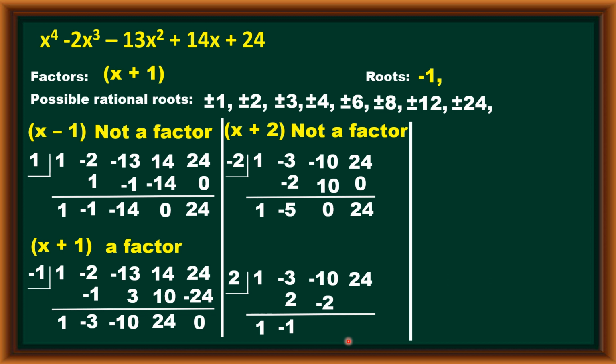Negative 10 and negative 2 is negative 12. Times 2 is positive 24. And 24 minus 24 ay 0. Ayan. So, ibig sabihin, x minus 2 is a factor kasi nag-0 yung ating remainder. O, isulat natin sa taas. X minus 2 yung factor, isa sa mga factor, and ang root natin ay positive 2.